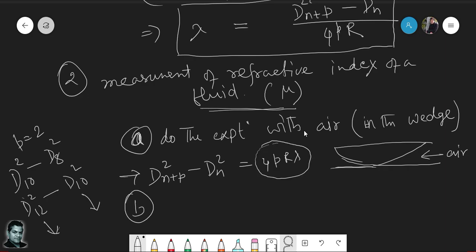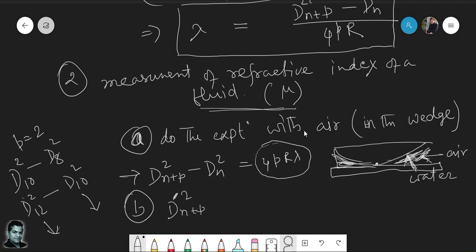You do a few measurements and keep a note of that. That measurement would be equal to 4pRλ. Then you replace this air with a liquid. Let's say you want to find out the refractive index of water. You put a droplet of water on the lower surface, and then place the plano-convex lens on the water. Now the wedge is filled with water, and again you measure these diameters.